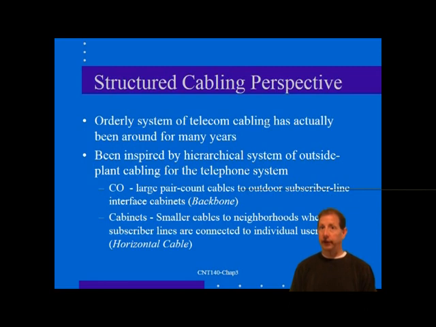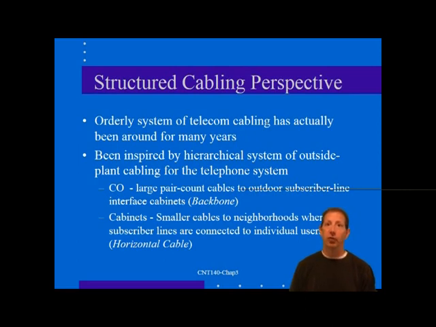The concept was, and still is, very simple. From wiring center to central offices, large pair count cables run to outdoor subscriber line interface cabinets where small multi-pair cables interconnect. These smaller cables then run to nearby neighborhoods or business areas where the subscriber lines or the drops are then connected to the individual users.